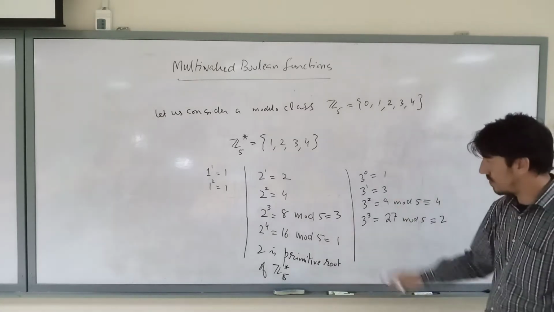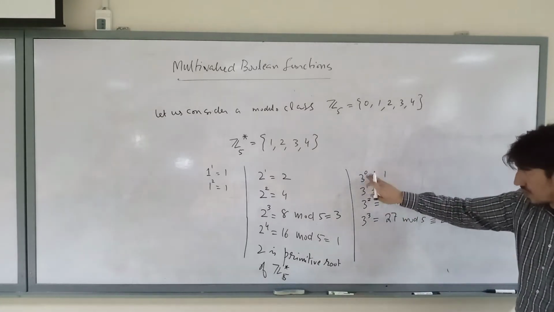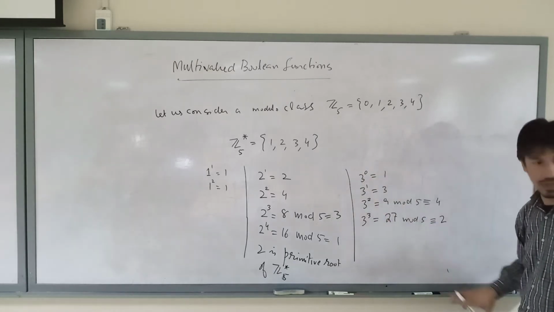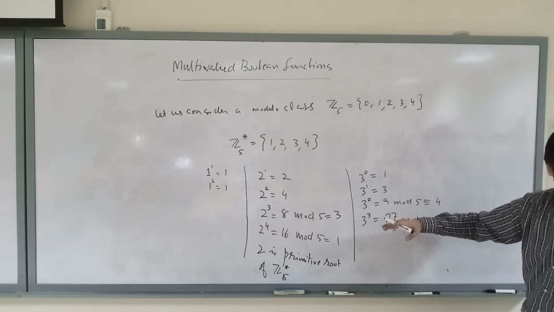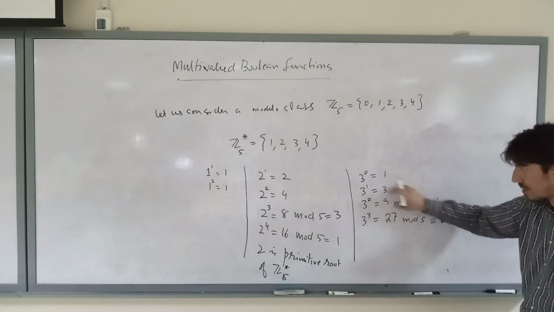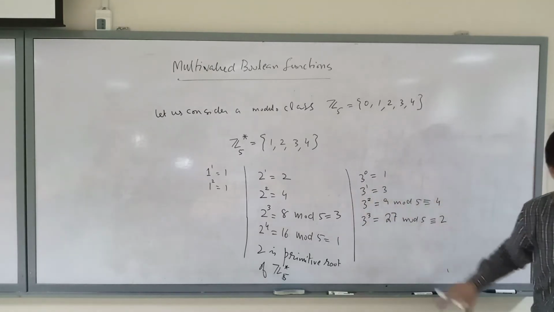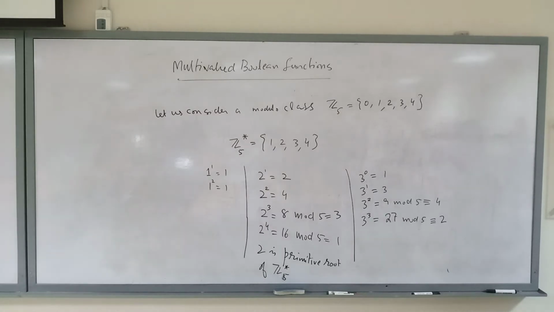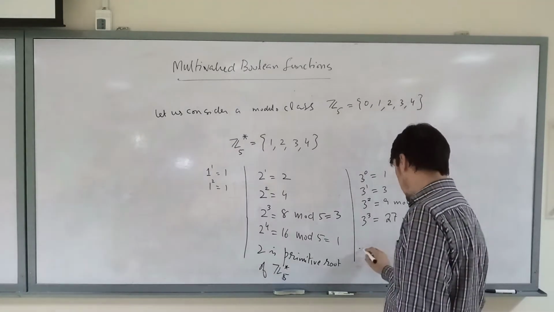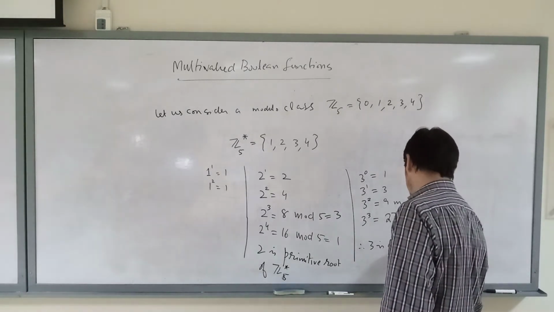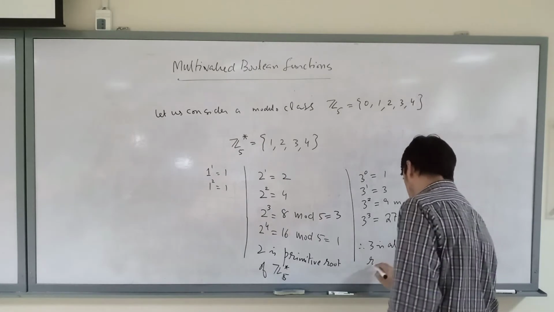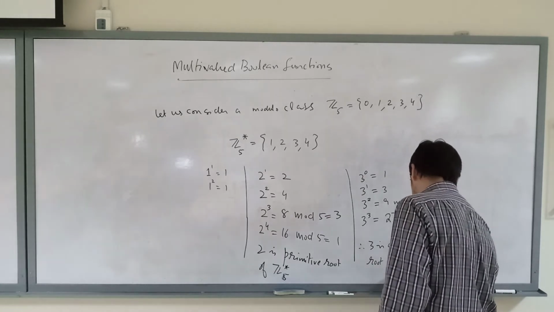So with all the powers from 0 to n minus 1, you have generated all these distinct elements. There is no repetition in any of the powers. If there were a repetition, it would not be a primitive root. Therefore 3 is also a primitive root of Z5 star.